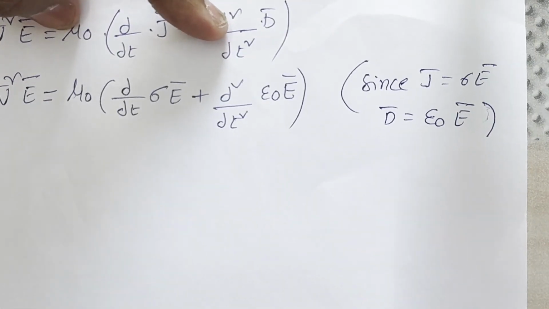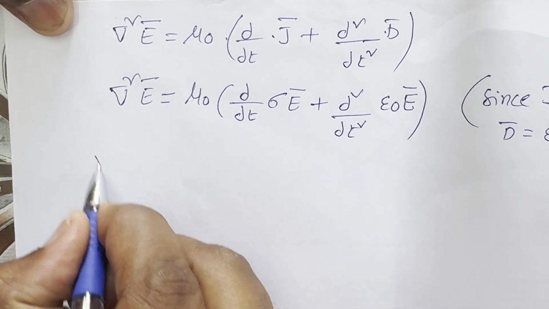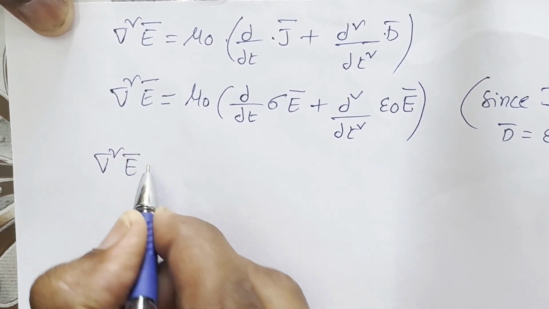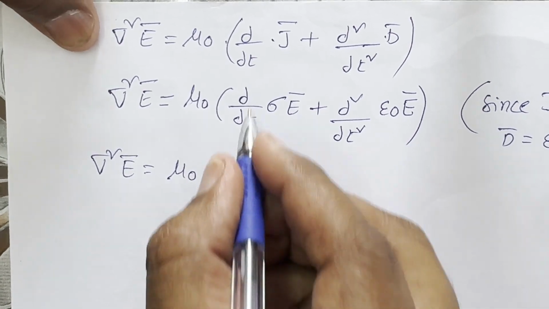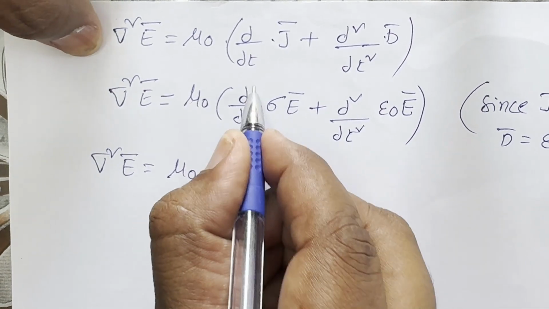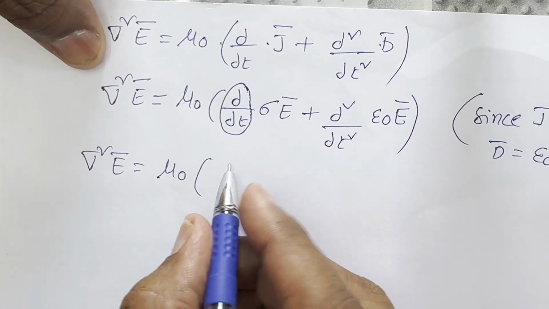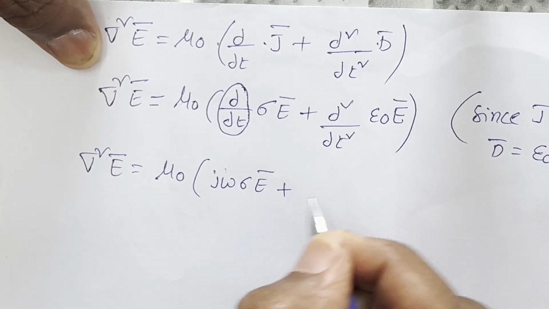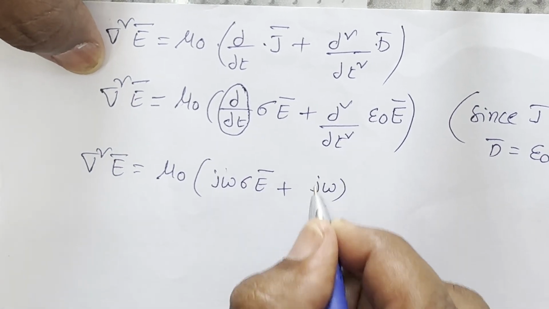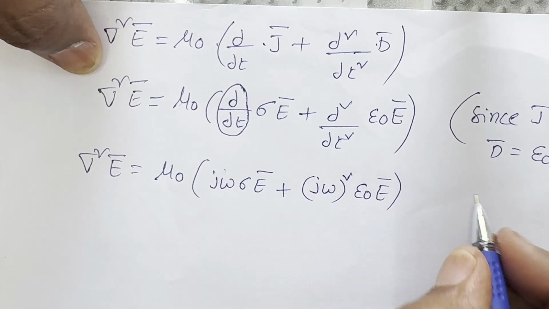With those two substitutions, del square E bar equal to mu naught into, and at the same time dou by dou t can be written as j omega, sigma E bar plus j omega whole square epsilon naught E bar.